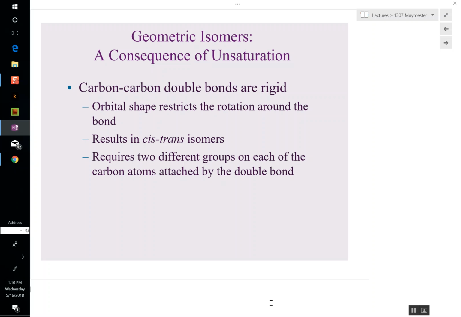And remember I said you can't rotate around this bond. So I can't just flip that one down there up to there. Can't do that. Why? Because that doesn't move. That's rigid. Because that's rigid, this is not superimposable on that.